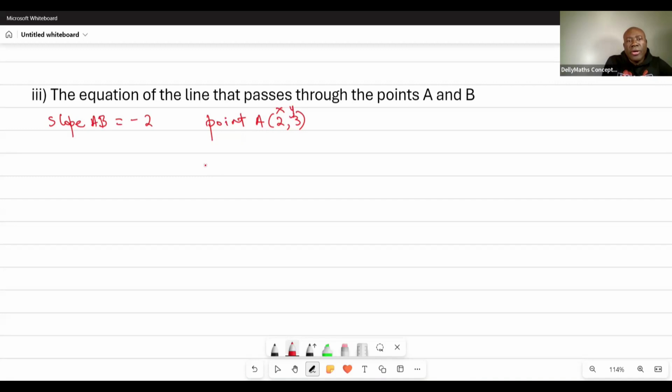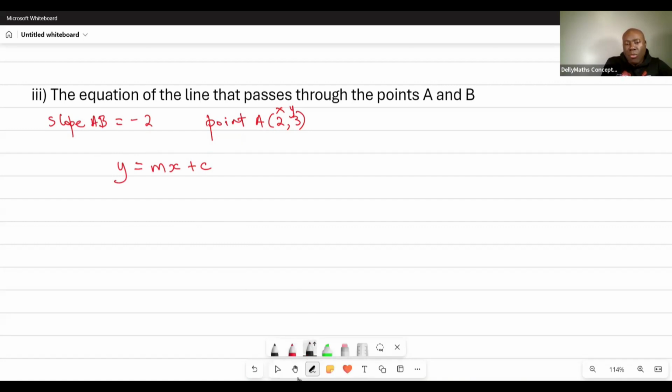What we're going to do is write the equation of the line in slope-intercept form. It is like this: y is equal to mx plus c, where c is our y-intercept. Now, I need to find my y-intercept.